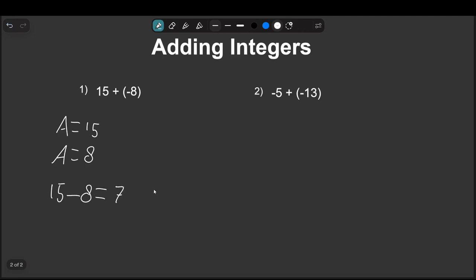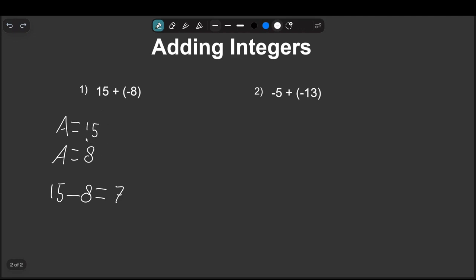Now, to know what sign we're going to use, if it is positive or negative, we need to look at the two numbers again. So we have 15 and minus 8. We are going to use the sign, the positive or the negative, of the number that has the greater absolute value.